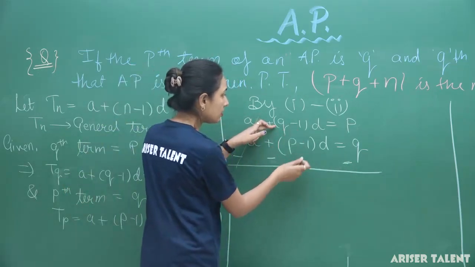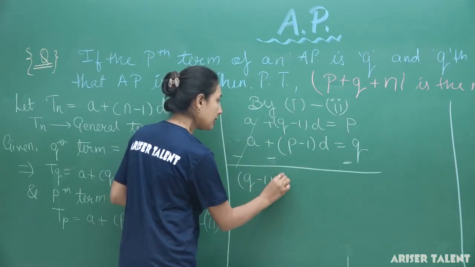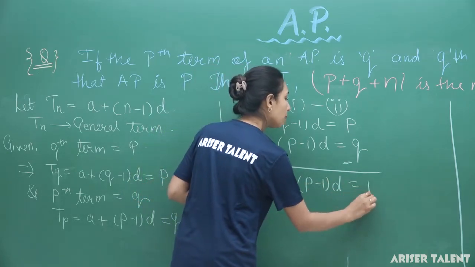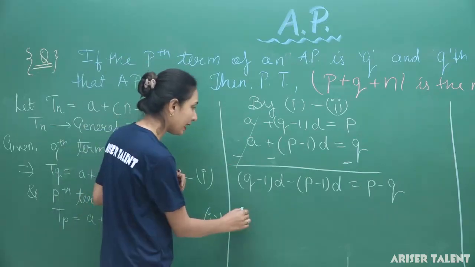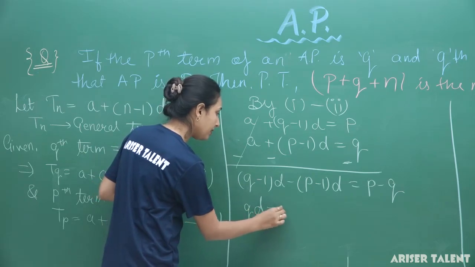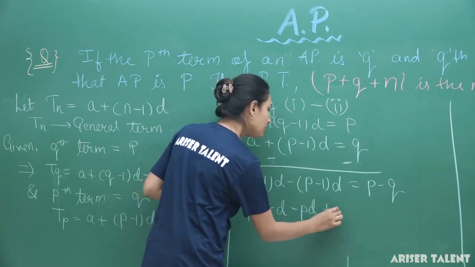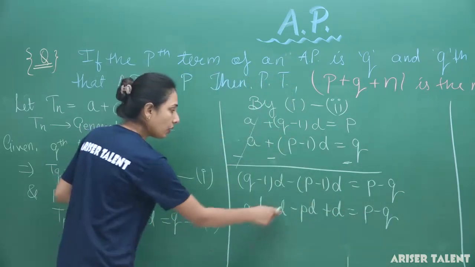Now this is (Q minus 1) D minus (P minus 1) D equals P minus Q, isn't it? From here we get QD minus D minus PD plus D equals P minus Q. Now D will cut.